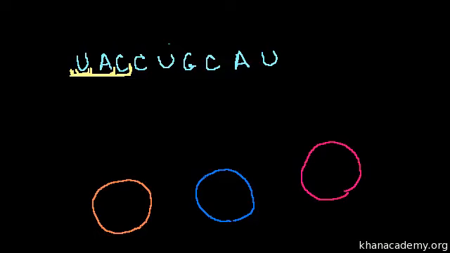So let's say this amino acid is attached to a tRNA molecule that has the code A, U, G on it. And this one right here has, let's say, the code G, G, A, C.